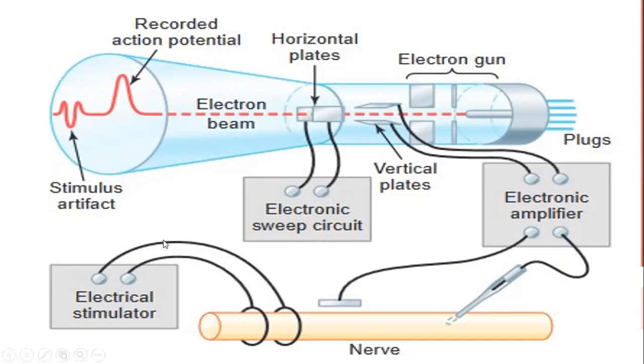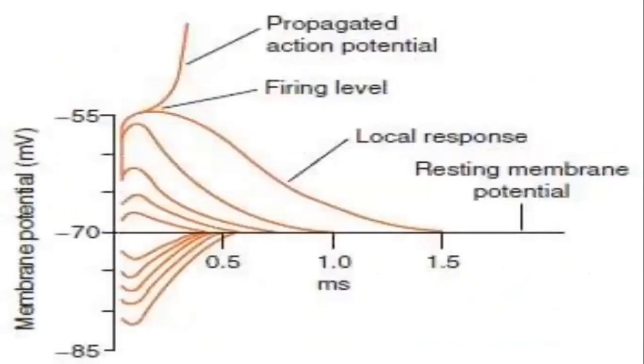In the initial part out here, you can see there is a stimulus artifact. It is due to leakage of current, and when we apply a threshold stimulus, finally an action potential is generated.